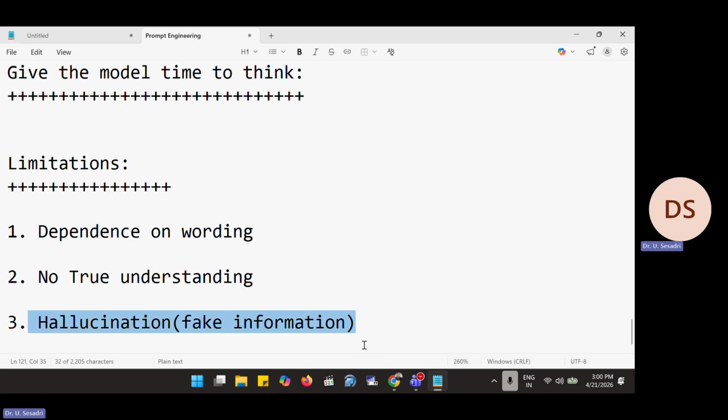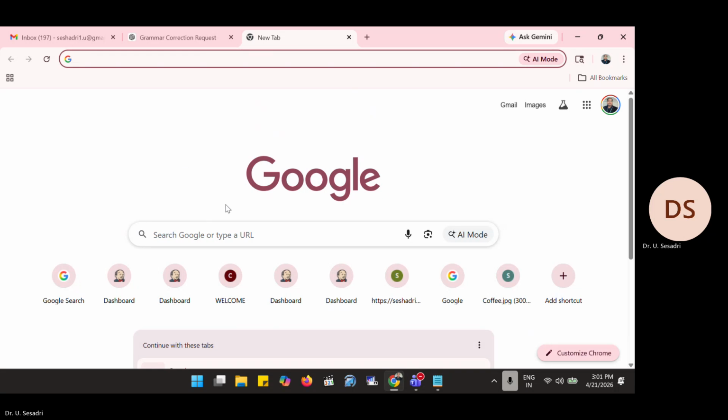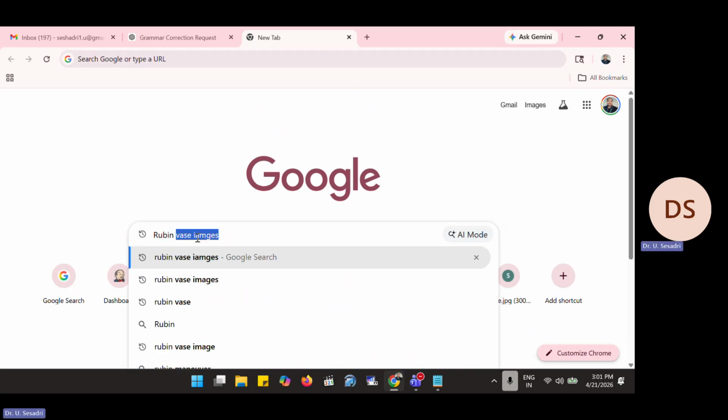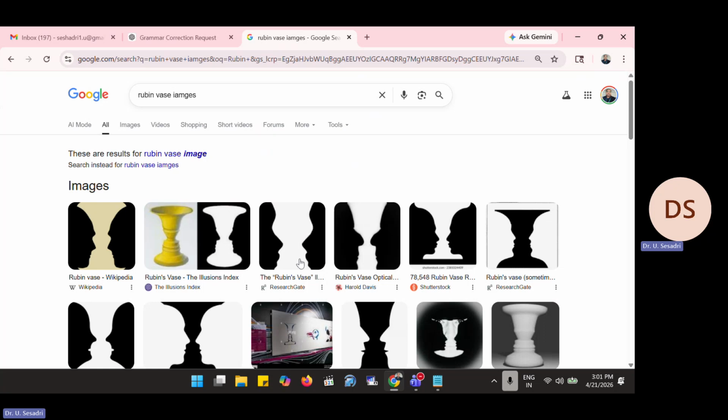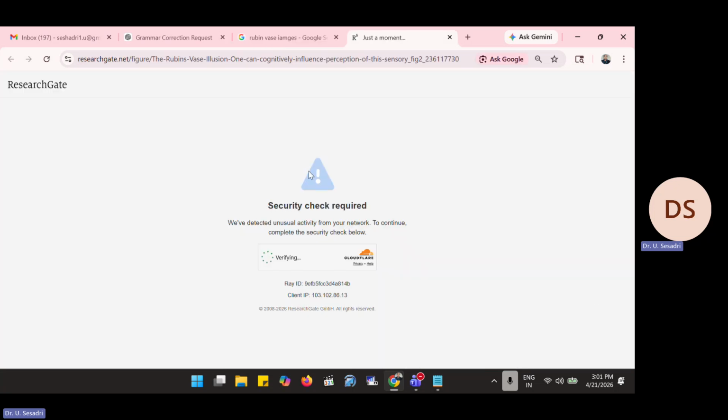Suppose, can you see the example that I have given? See here, this is the example. Rubin vase images. When I give this image, what are you thinking?